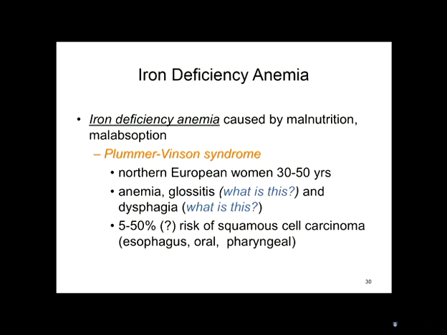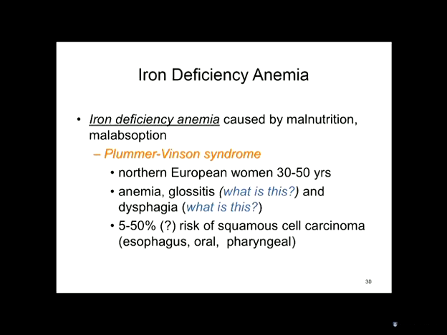They have an increased risk, and I don't know why the spread is so big, between 5 and 50%. That's beyond me, but apparently the risk is much higher than in the average population. They can develop squamous cell carcinoma anywhere in the upper GI tract.